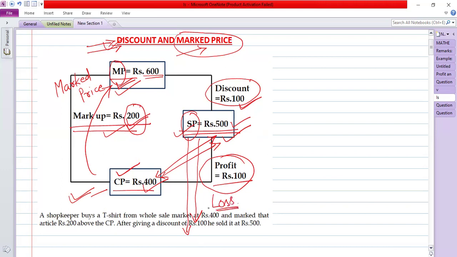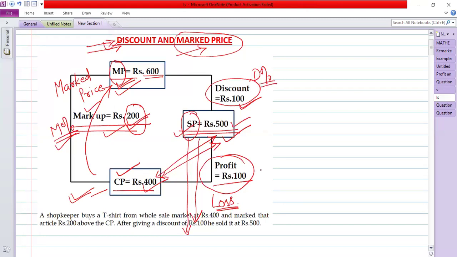Now here, we will talk about three different types of percentages. One is M percentage, which is the markup percentage. Another one is the discount percentage.